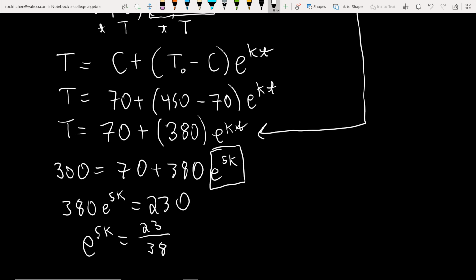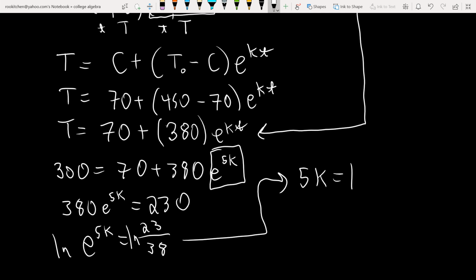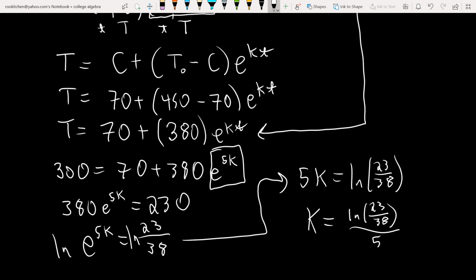Okay. Then take the logarithm on both sides, so ln of e to the 5k is just 5k. And then ln of 23 over 38, divide both sides by 5, and you get your k value: ln of 23 over 38, all over 5.